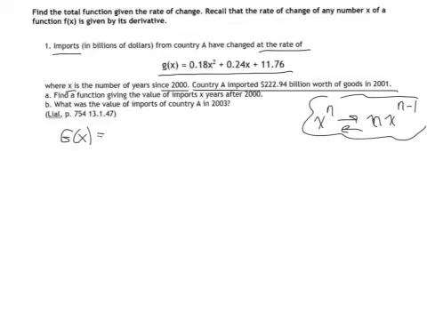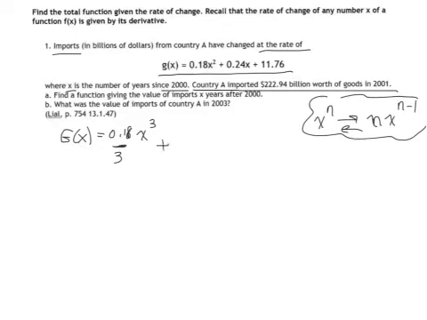We have 0.18x squared. In the original function, it was an x cubed, and we multiplied whatever was in the front by 3, so now we are going to divide by 3.